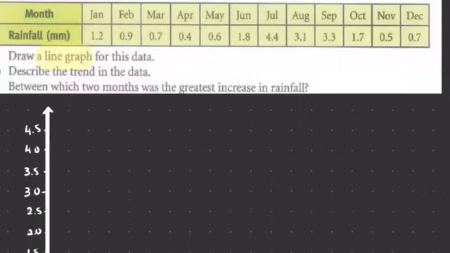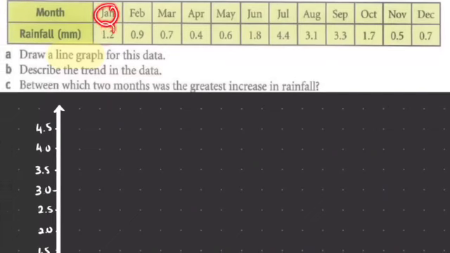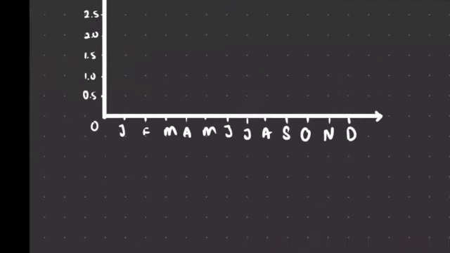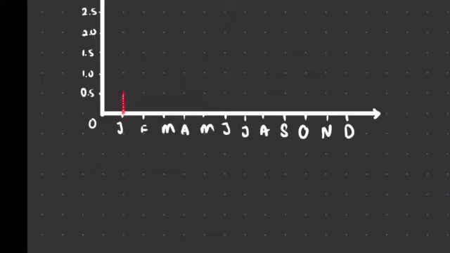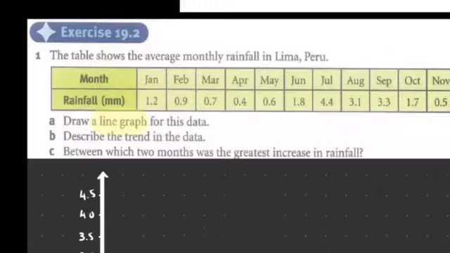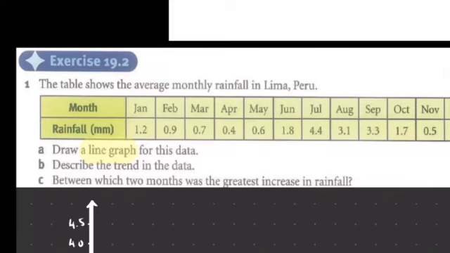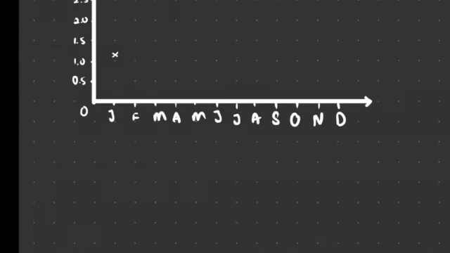Great. So let's get January. It says January is 1.2. So let's go here, January, looking for 1.2. It should be right here. February is 0.9, so let's go to February, 0.9.